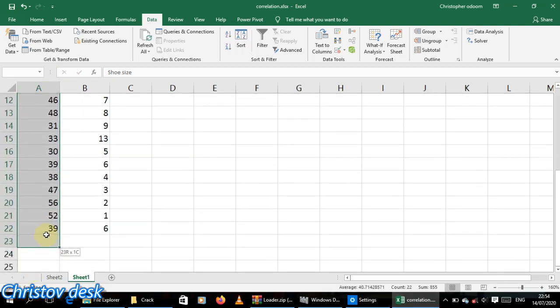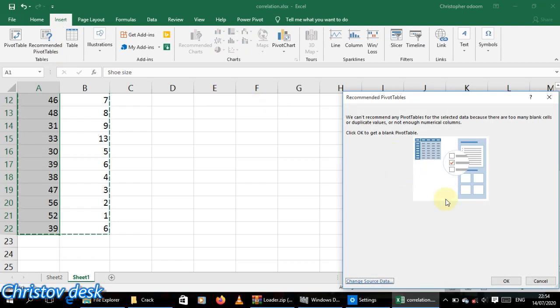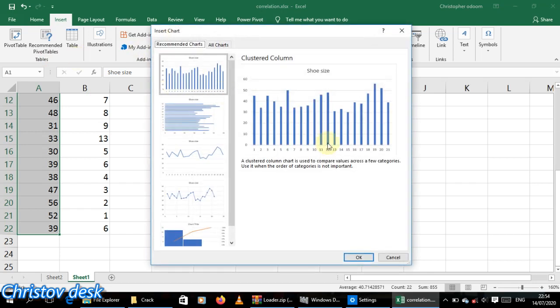Let's go to Insert and look at recommended charts. I think they didn't give any recommended graph here, because the data is just a single column. So there are a lot of charts.